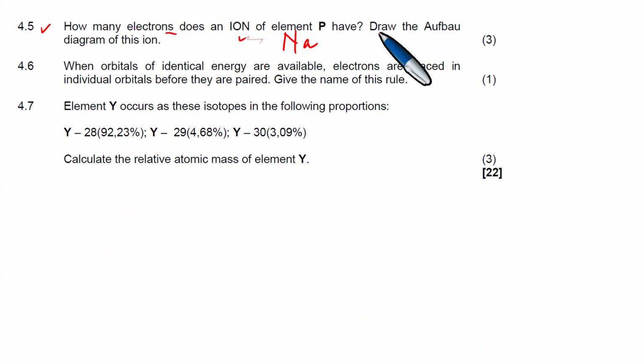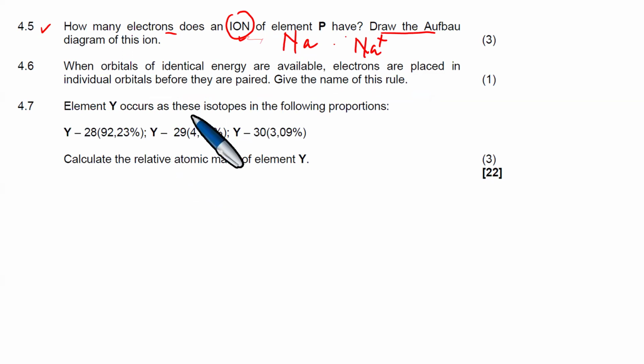We'll continue to draw what we call the Aufbau diagram of this ion. So we are dealing with an ion of an element. How would an ion look? Because if sodium loses an electron, then it becomes Na plus.